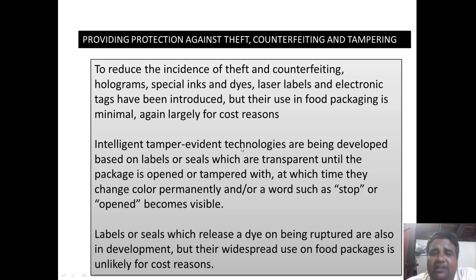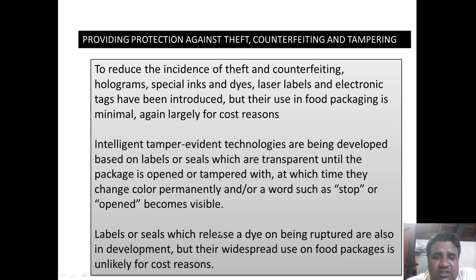Means there are some poor quality, and some very good quality. If somebody mixes the poor and the good together, just for the purpose of earning some money, undue benefits, then in that case, if that tag is there, it will appear as if it was opened. This seal, if somebody has opened it, will appear open.